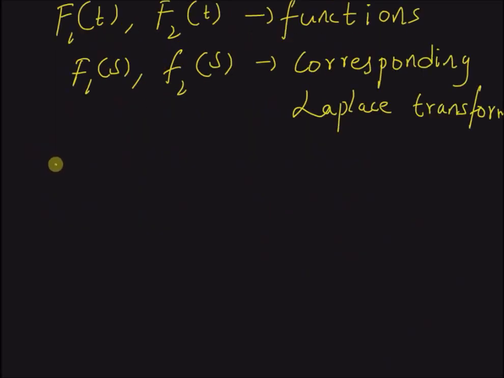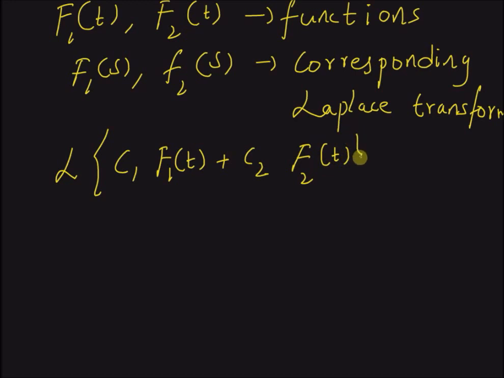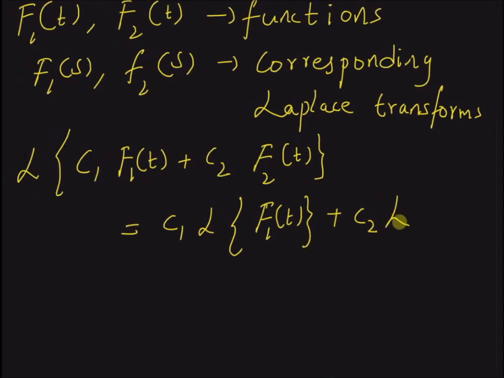Then the linearity property states that the Laplace transform of the linear combination C1 into f1 of t plus C2 into f2 of t is equal to C1 times Laplace transform of f1 of t plus C2 times Laplace transform of f2 of t.